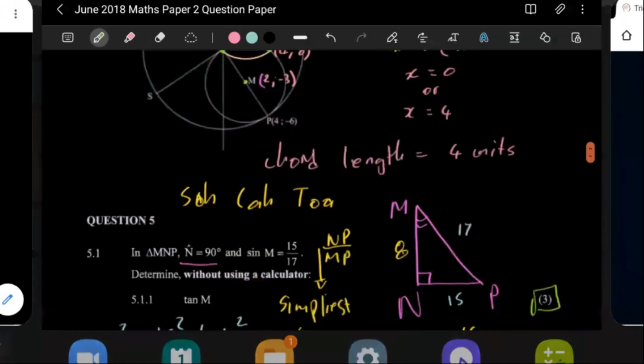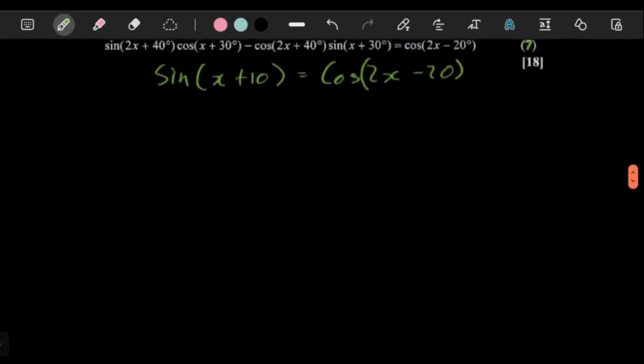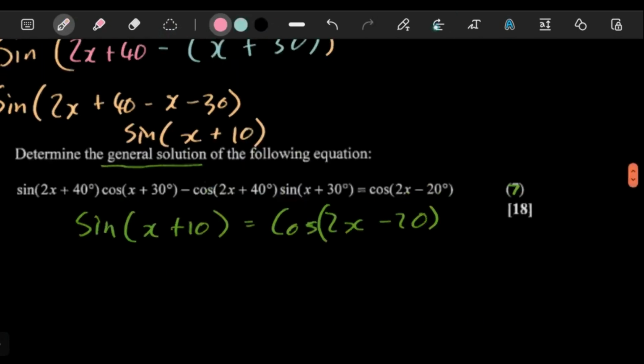So the reason I bring it up is because something like this question here, this is stuff that we explained in the course, because with these questions, all you have to do is work with one trig ratio, meaning you can change this to a sine. Remember, with your trig ratios, just think of the reduction formula. In the reduction formula, cos theta, you want to change it to something that is a sine.